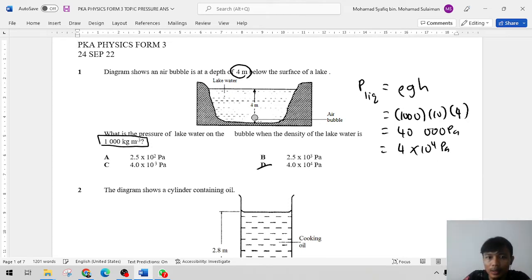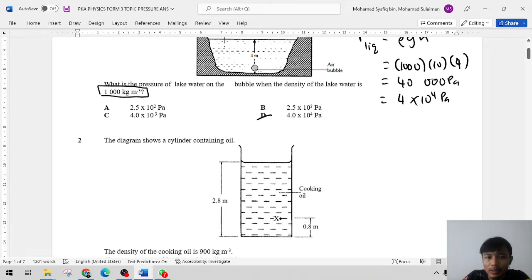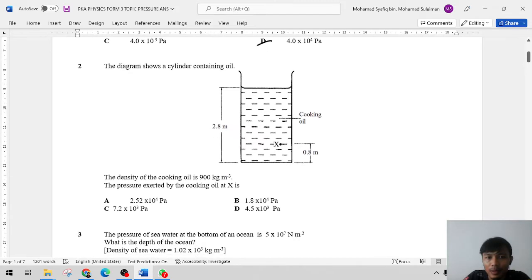So number 2, the diagram containing oil, so it's not water, so the density is different, 900 kilogram per meter cube. So again, pressure in liquid is equal to density rho times g times depth. So density is 900, g is 10.